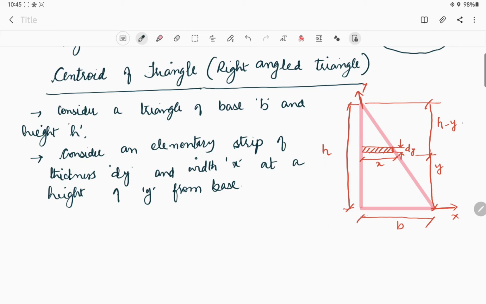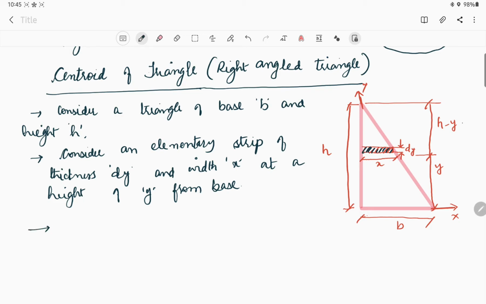Next, we'll try to calculate the area of the elementary strip, that is the small area dA. How do we calculate the area of that strip? It is looking like a rectangle, isn't it?